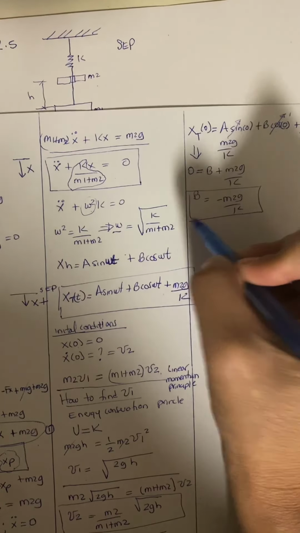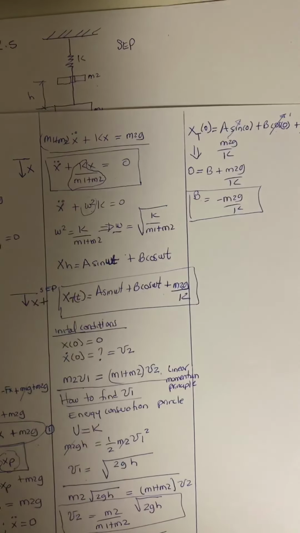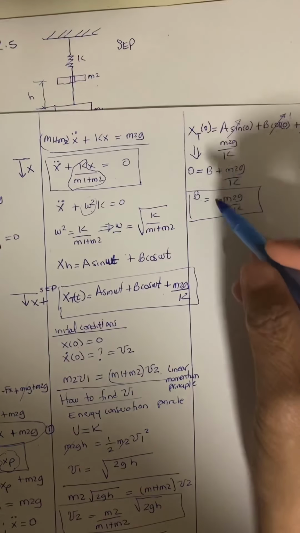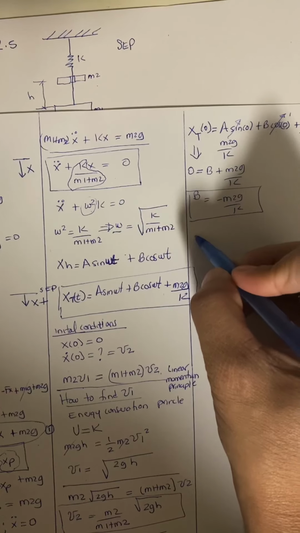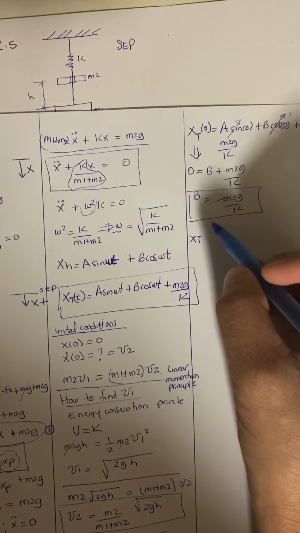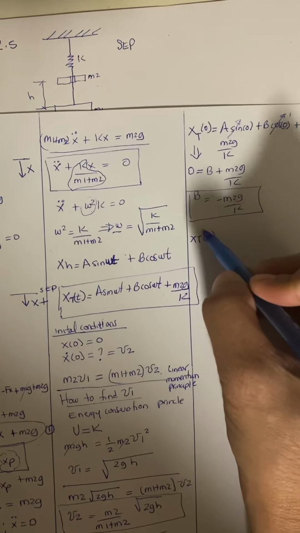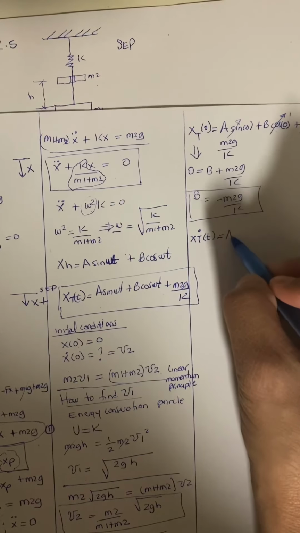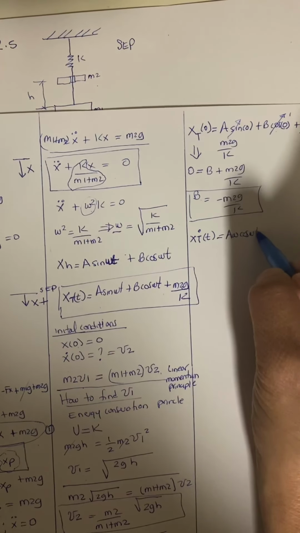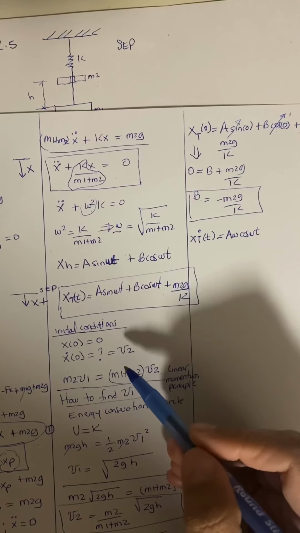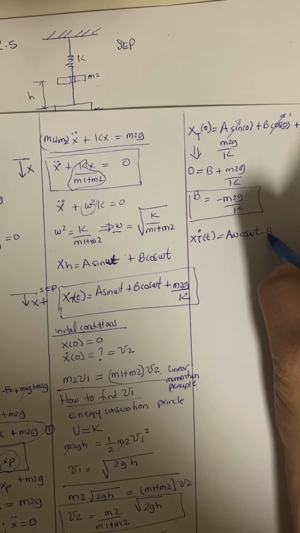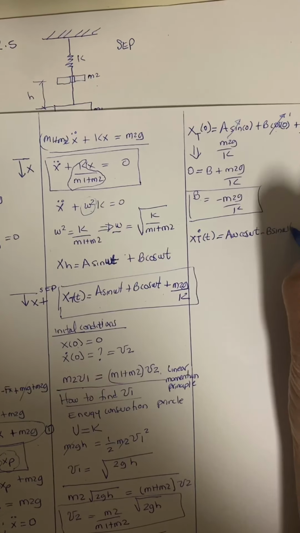Now we can find constant A. To get constant A, we're going to take the derivative of the total solution equation with respect to time t. So the derivative of A sine wt is equal to Aw cosine wt. The derivative of B cosine wt is equal to minus Bw sine wt.